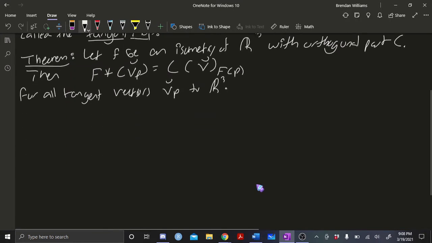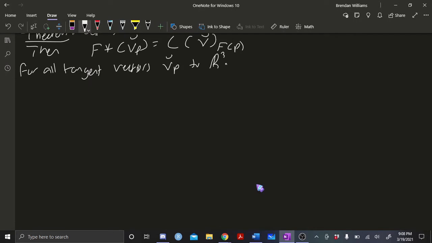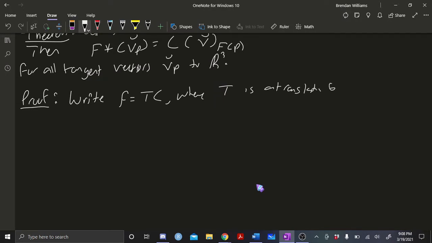Okay, to prove this, we can write f is equal to tC, where t is a translation and C is the orthogonal part. t is a translation by some point A in R3.